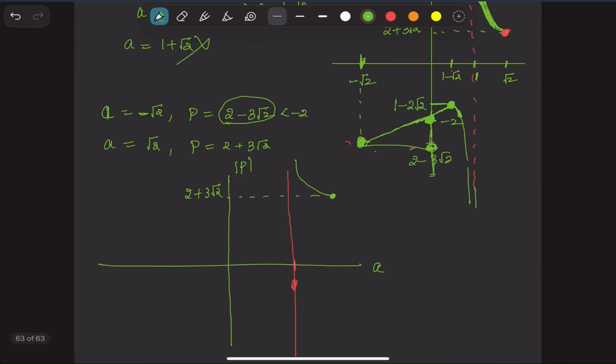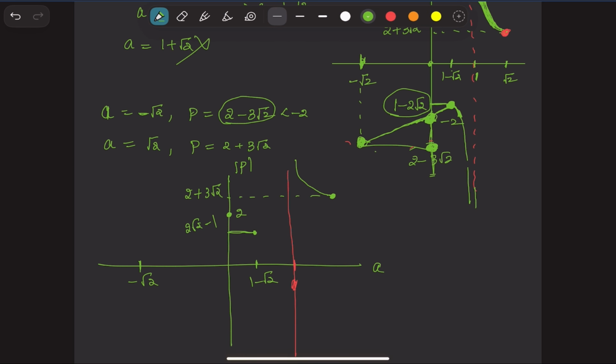Let's say this is minus root 2, and let us say this is 1 minus root 2. At 1 minus root 2, here it is 1 minus 2 root 2. So when you take the modulus, it will be 2 root 2 minus 1. At 0, here it is minus 2, so when you take modulus, it will be plus 2.